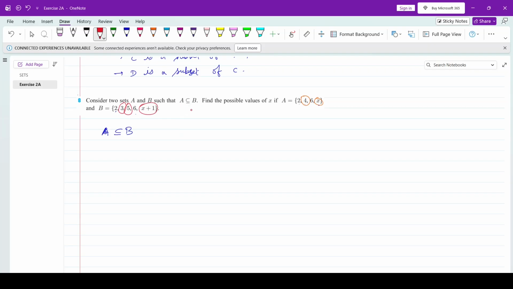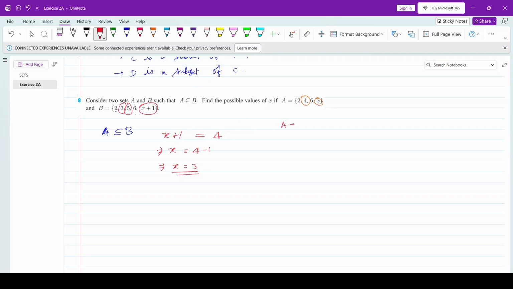So we know A is a subset of B. That means 4 has to be present in B, and also x has to be present in B. So 4 is not among these elements. Therefore, x+1 must be equal to 4. That means x is equal to 4 minus 1, or x is equal to 3.